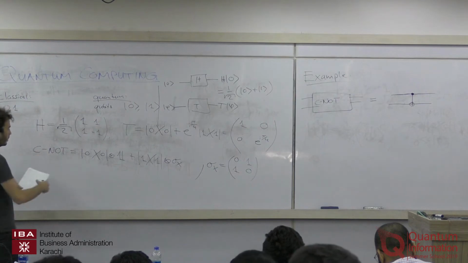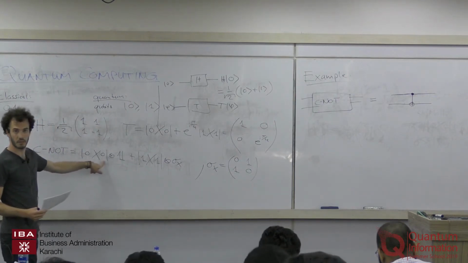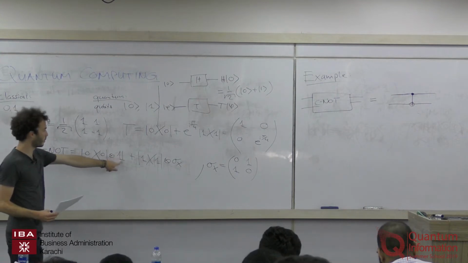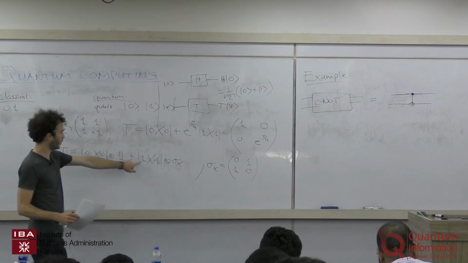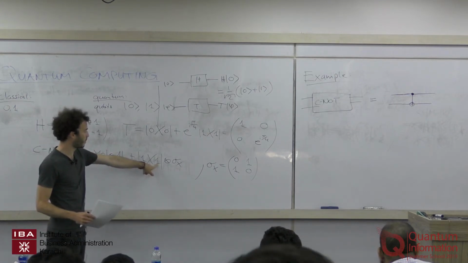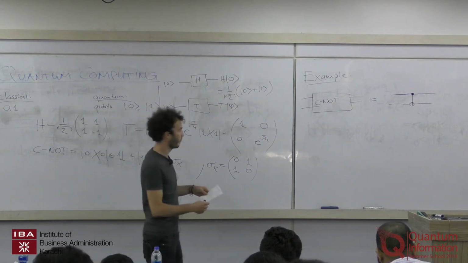So the action of this gate is that if on the first system I have a 0 state, a ket 0, then on the second system I don't do anything. But if on the first system I have a 1 state, on the second system I flip. Okay?